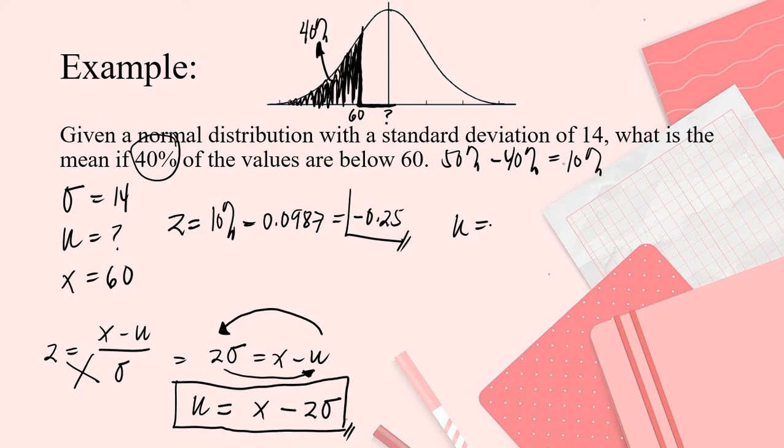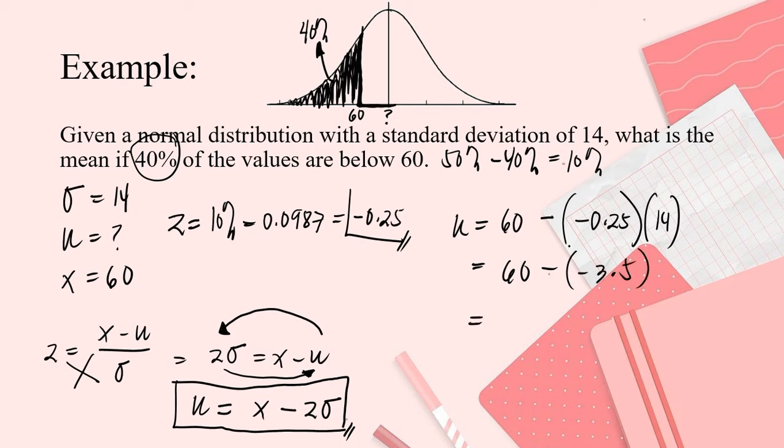So, to solve for the mean, we have x, which is 60, minus yung ating z. Ano value ng z mo? Negative 0.25 multiplied by yung SD mo, which is 14. So, ito munang nasa right side, yung multiply. Negative 0.25 times 14, that is negative 3.5. And then solve.